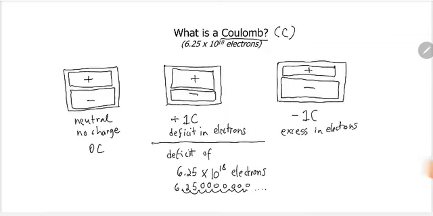Napaka-awkward sabihin, di ba, na 6.25 times 10 to the 18 electrons ang kulang sa kanya. So, instead, we just say positive 1 coulomb. O, ganun din dito. Negative 1 coulomb, ibig sabihin, labis ka naman dito ng ganito kadaming electrons.